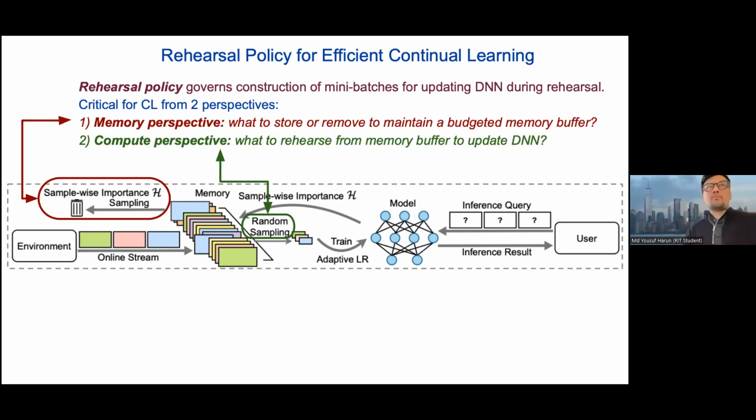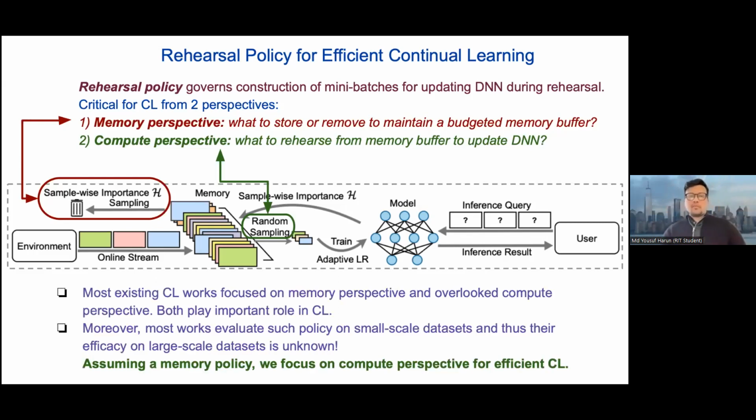We focus on the compute perspective, and for the memory perspective, we just assume a memory policy. Most existing continual learning methods do not focus on the compute perspective. Most propose different policies for how to store and remove data to maintain a budgeted memory buffer, so they mainly focus on the memory perspective.